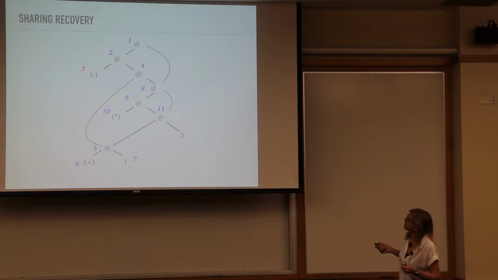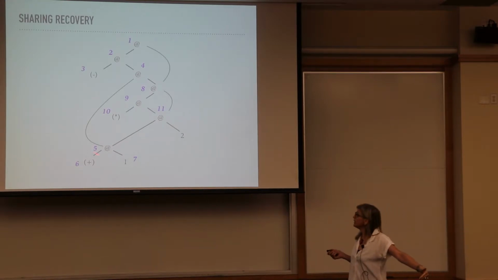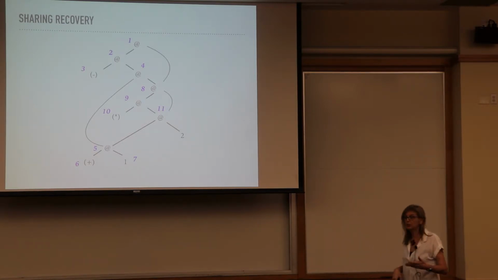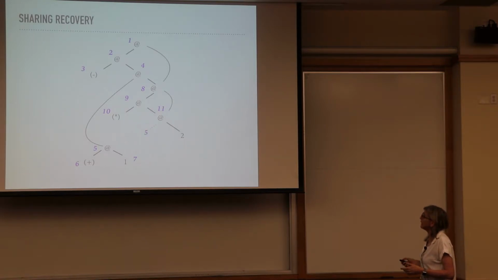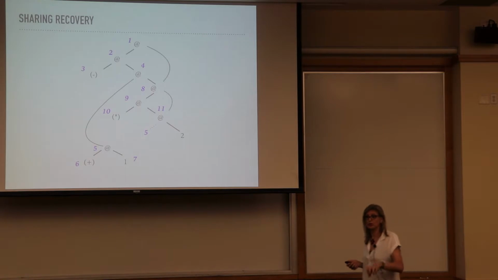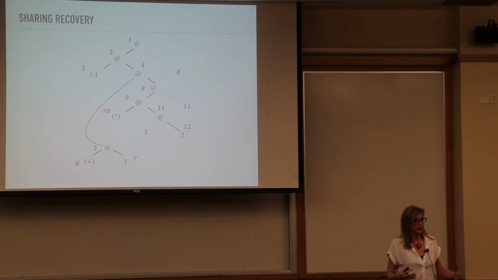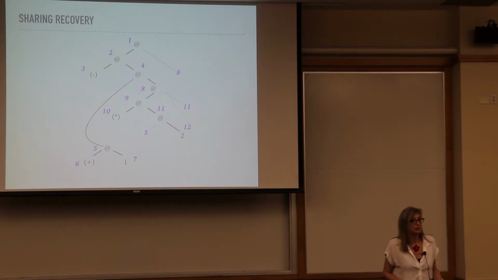So I keep track. I can create a hash table where I keep track of the stable names I already have. As soon as I encounter a node for which I get a stable name which I already have in my table, I point to the stable node. Then I continue and create a tree where the shared nodes are represented explicitly.